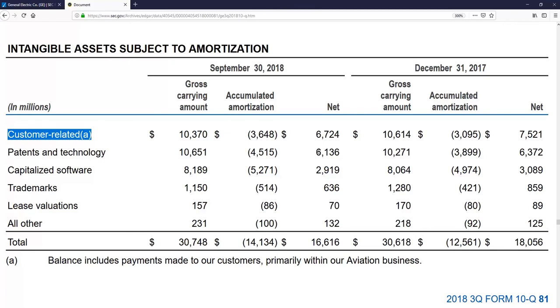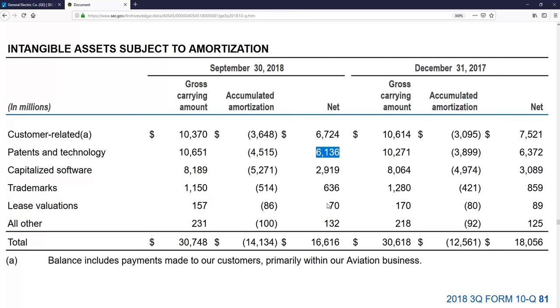Patents and technology, we like that. Capitalized software, that's fine. That simply means that it's software that's owned by the company. I'm not going to say that it can be sold, so we're not going to do that. We'll include the patents and technology. We'll include the trademark. GE does have a name, right?